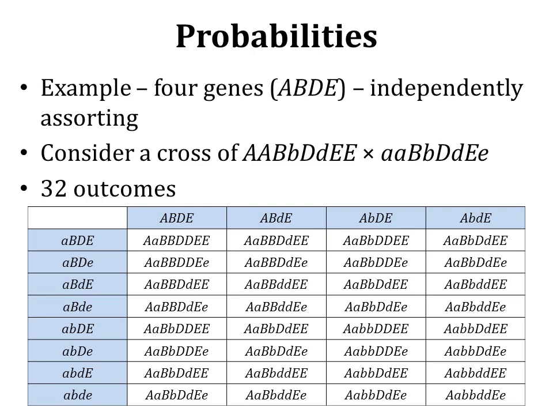So we have 8 types of gametes from the second individual. That is why we have 32 outcomes. 8 by 4 is 32. So we have these 32 outcomes, right?